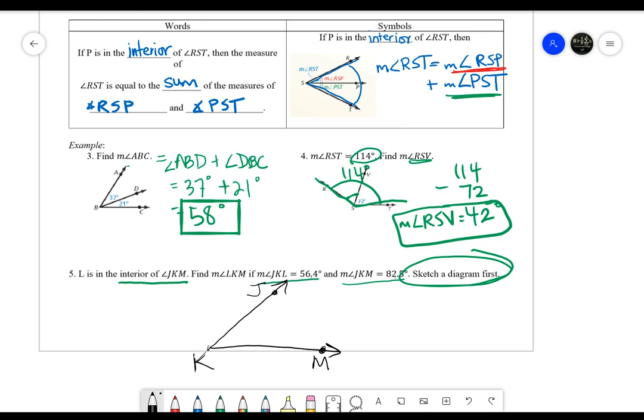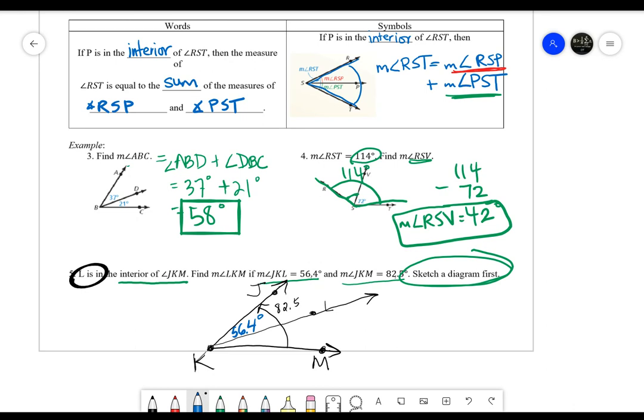I'll just adjust. Use a pencil because it says that JKM is 82.5. So this is 82.5. And then JKL, where L is going to be in the interior. Okay, so L is somewhere in here. JKL is 56.4.